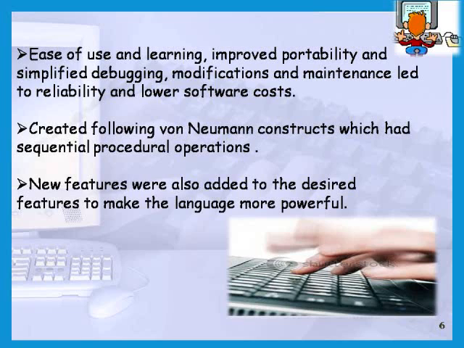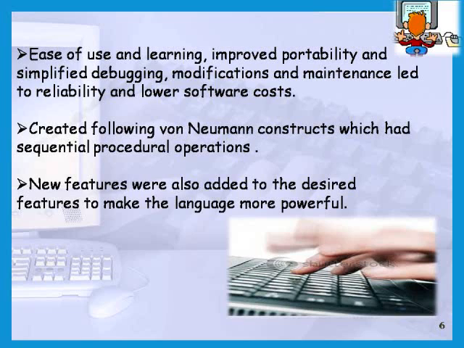These languages were mostly created following the von Neumann construct, which had sequential procedural operations and code executed using branches and loops. Although the syntax between these languages was different, they shared similar constructs and were more readable by programmers and users compared to assembly languages.